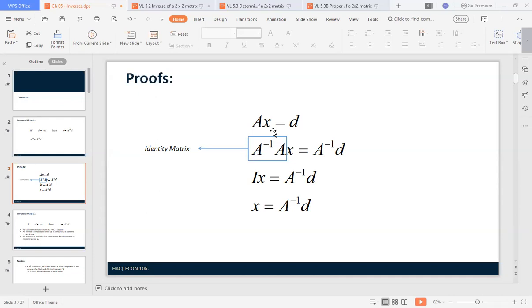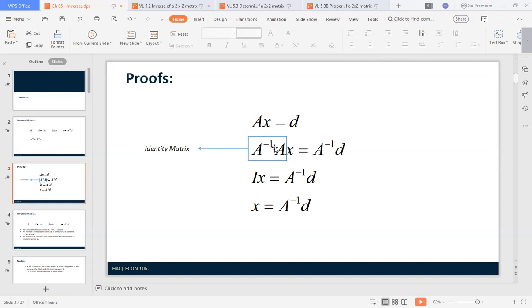Now, if you are solving for the unknowns, if you're solving for X there, we just need to get the inverse of A, which is A inverse, and multiply it to both sides of the equation.